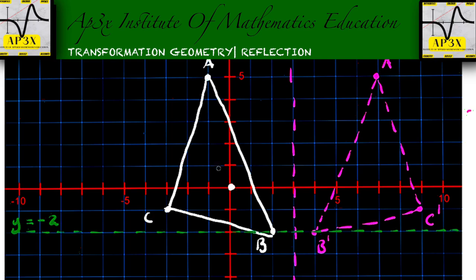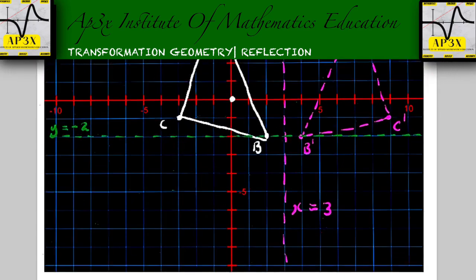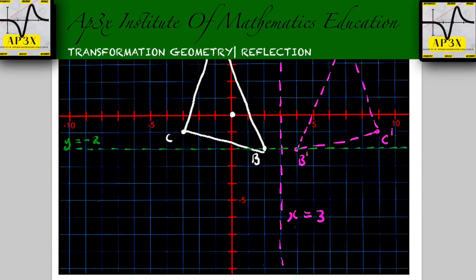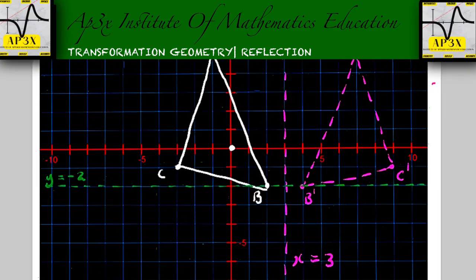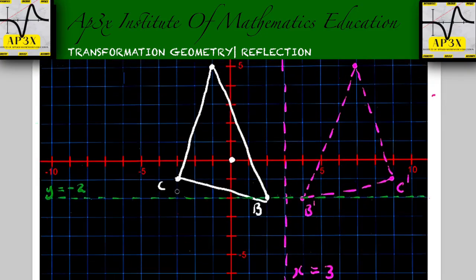So obviously it is above the green line, so after the reflection it should be below the green line. All right, same procedure. C is in fact going to be a mere 1 unit above the green line. So C prime is going to be 1 unit below the green line. B here is in fact on the mirror line.